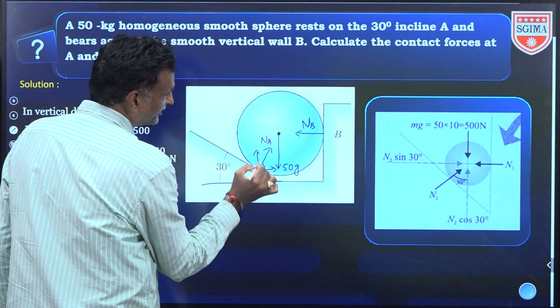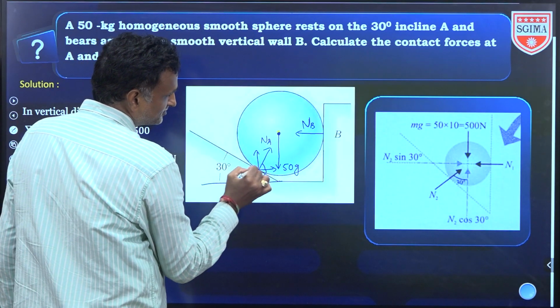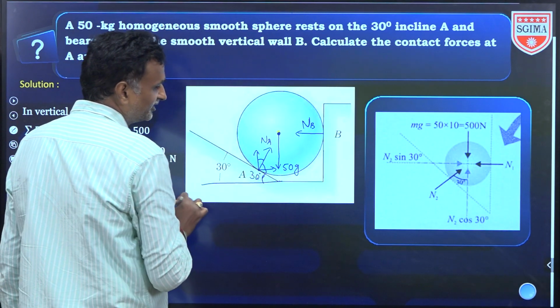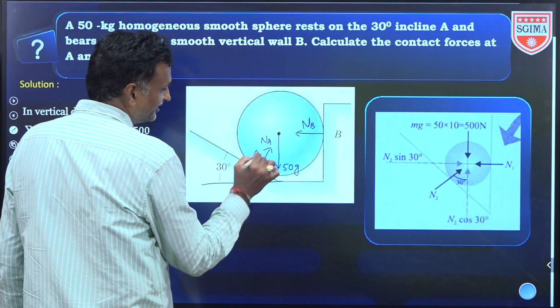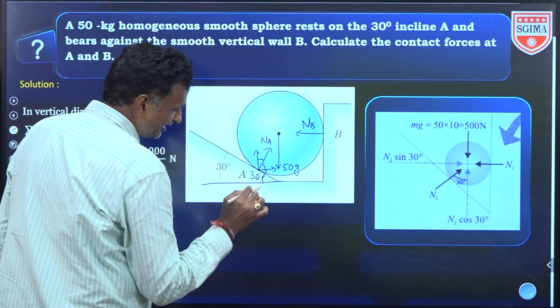Then this angle becomes 60. So now this angle becomes 30. You can take it by 30 degrees or you can take it by 60.